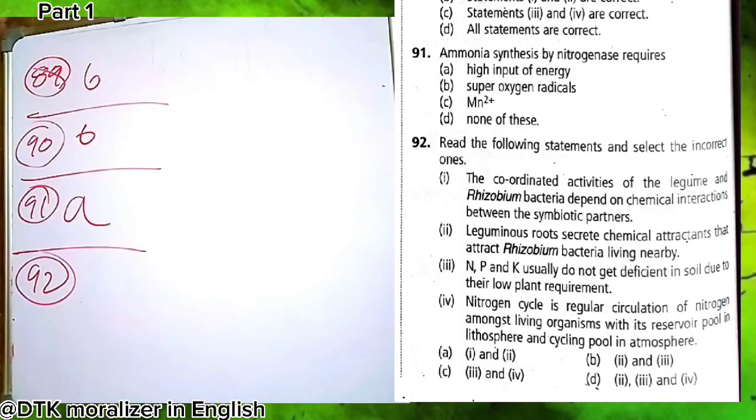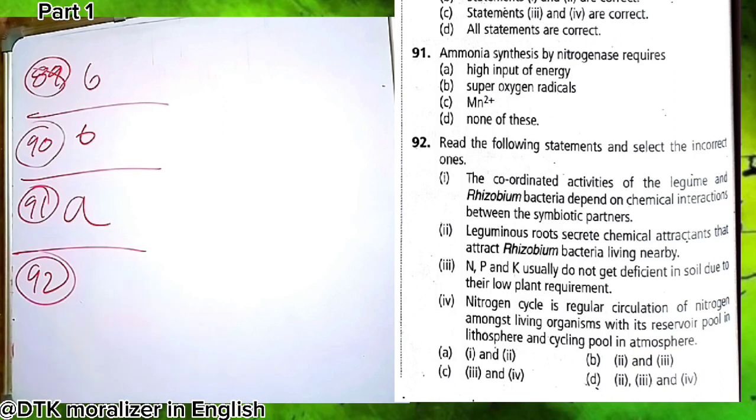Question number 92. Read the following statements and select the incorrect ones. The coordinated activities of the legume and rhizobium bacteria depend on chemical interactions between the symbiotic partners. Leguminous roots secrete chemical attractants that attract rhizobium bacteria living nearby. Nitrogen, potassium, phosphorus usually do not get deficient in soil due to their low plant requirement.